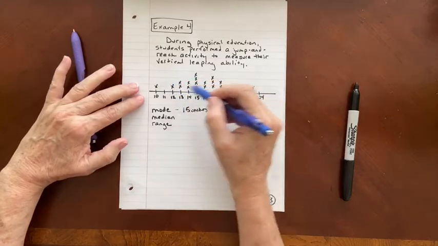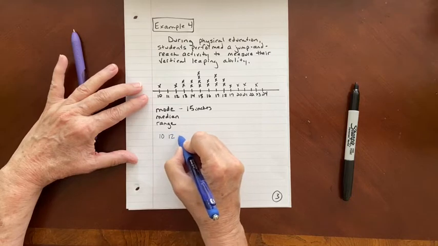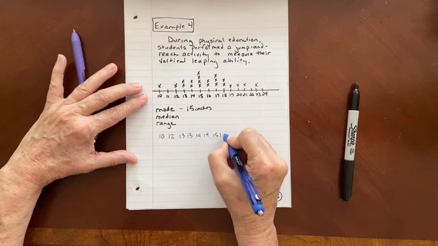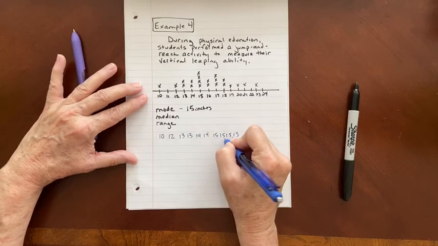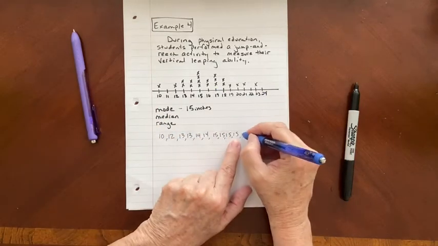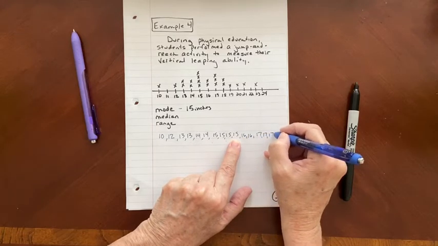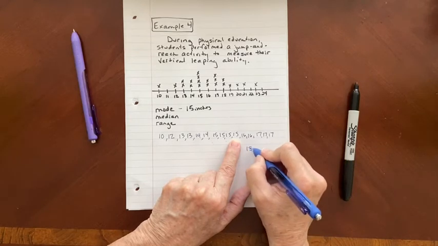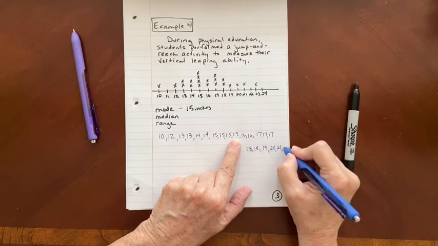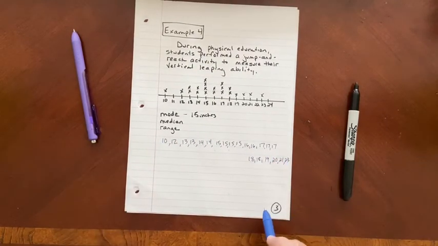So with this plot, I'm going to do it a different way. 10, 12, 13, 13, 14, 14, 15, 15, 15, 15, 16, 16, 17, 17, 17, 18, 18, 19, 20, 21, 23. Okay, so I've written down all the kids. So I have 21 kids, right?